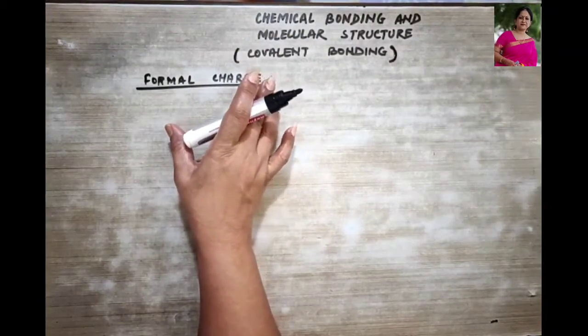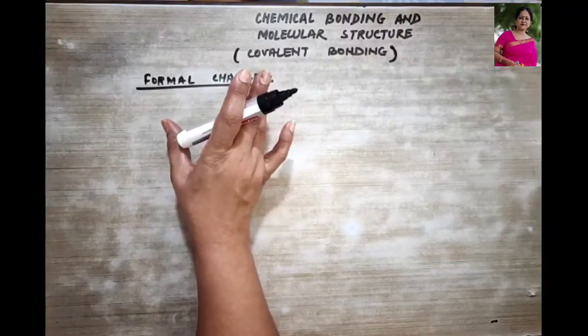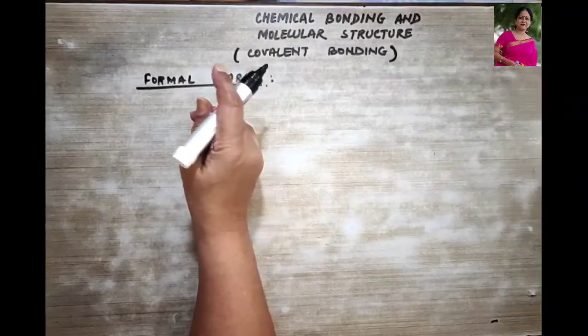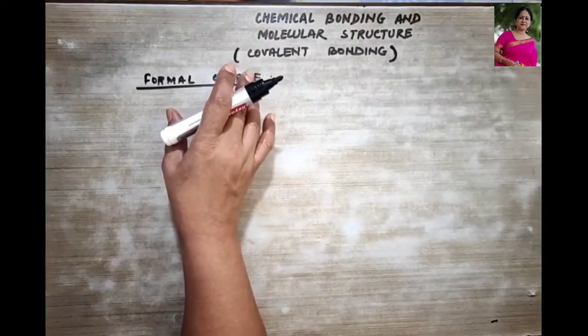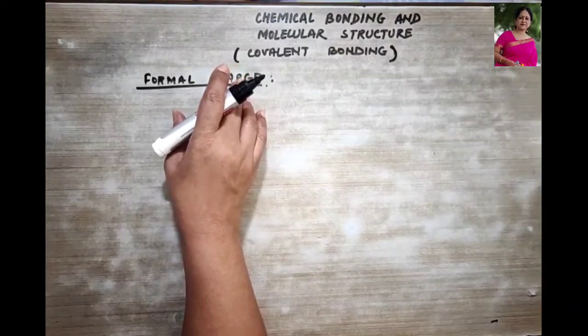Now there are certain rules that we need to follow. Firstly, before telling you the rules to calculate the formal charge, we first need to know what information the formal charge gives.